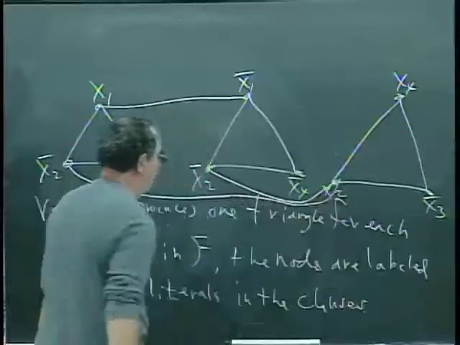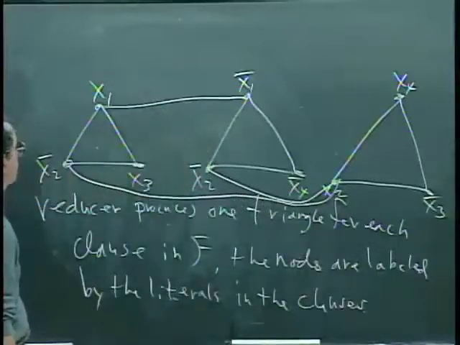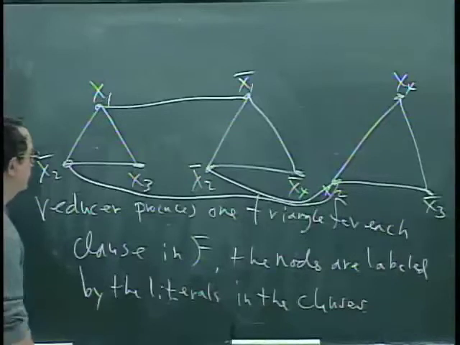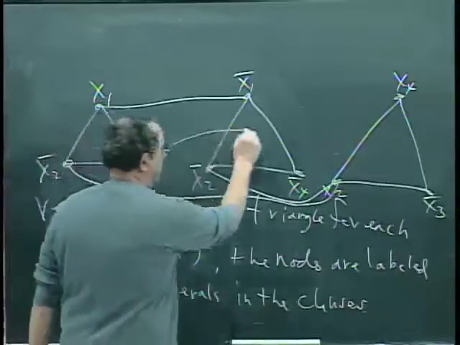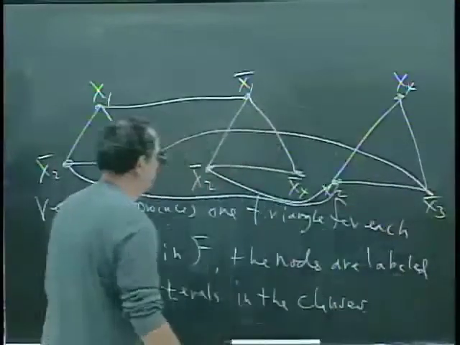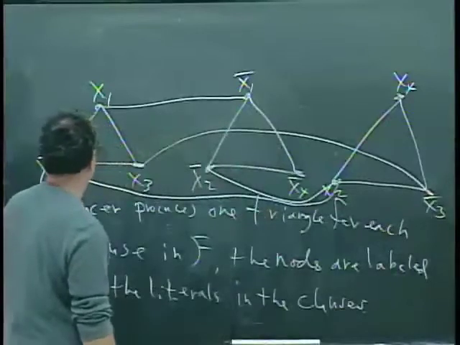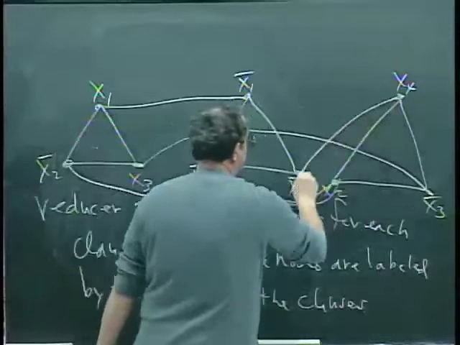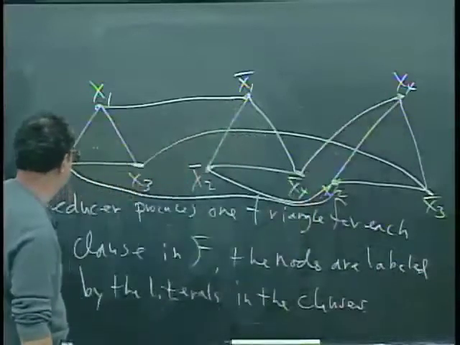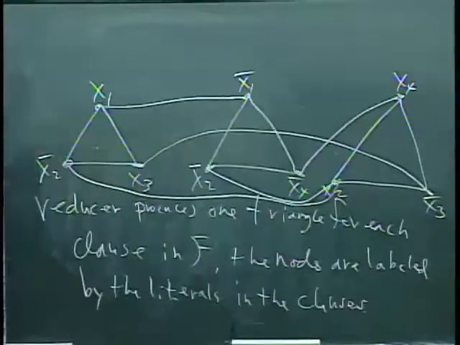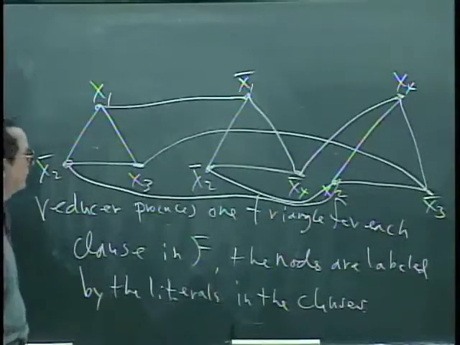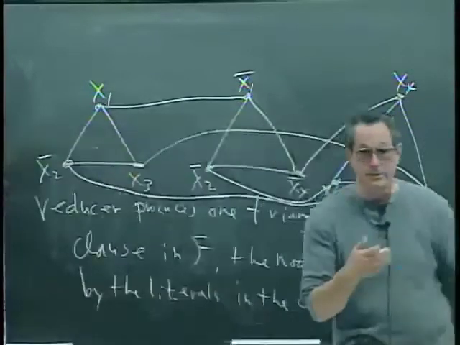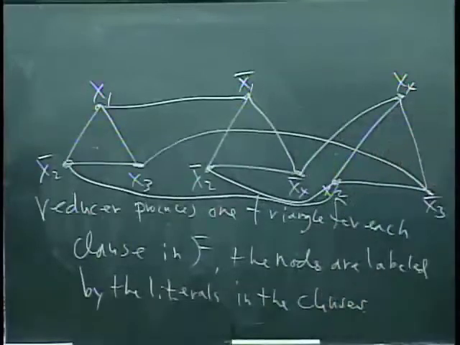And x3 and x3 bar, I guess I can go through here, x3 and x3 bar, and x4 and x4 bar. Did I miss any? So there's an edge between any pair of nodes that are labeled with complementary literals. That is, literals with the opposite sign. One is a not and one is not a not.